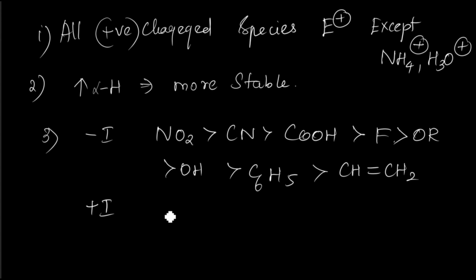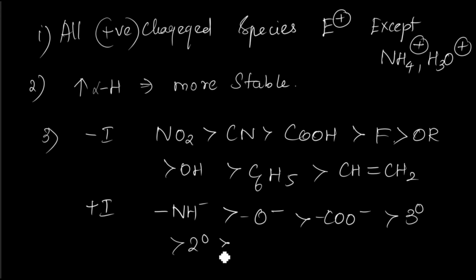In case of plus I effect, the order goes like this: NH minus, O minus, COO minus. Then come tertiary alkyl groups, then secondary, then primary alkyl group.